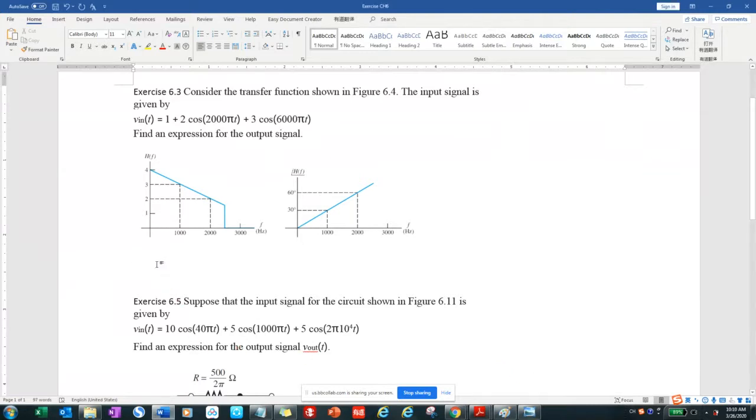Okay, so the first component after the transfer function, the output will be 4.